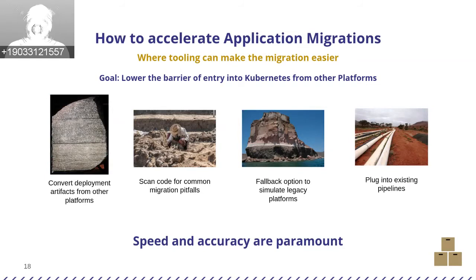Being able to give accurate information about what it's going to take to do the migration to the app teams will help them make the decision willingly to trigger that migration. And that's where these migration factories can come in and help drive this even faster. Next slide, please.